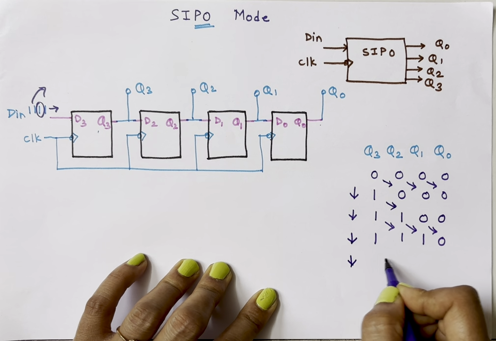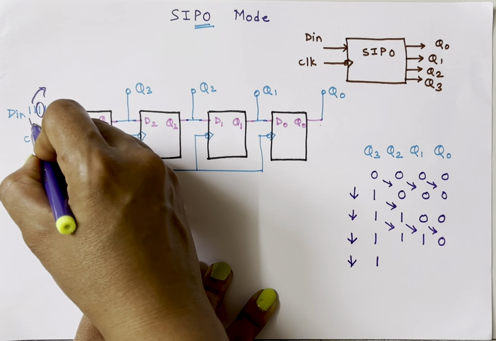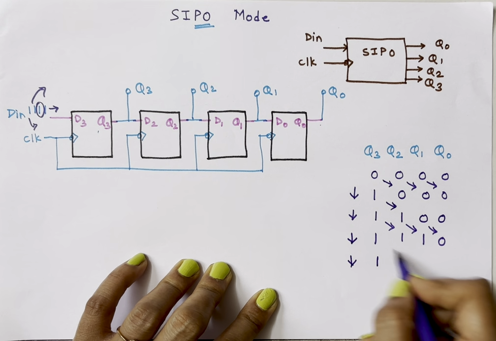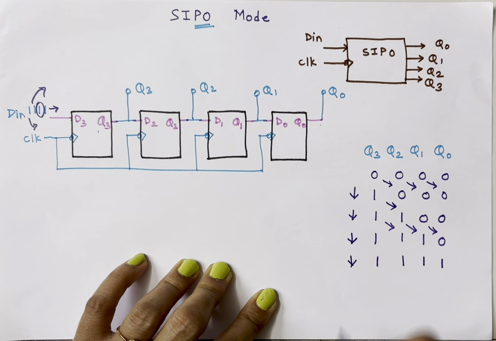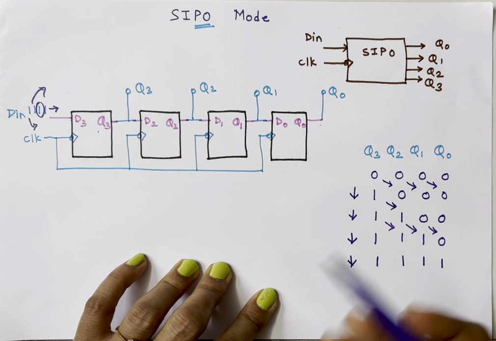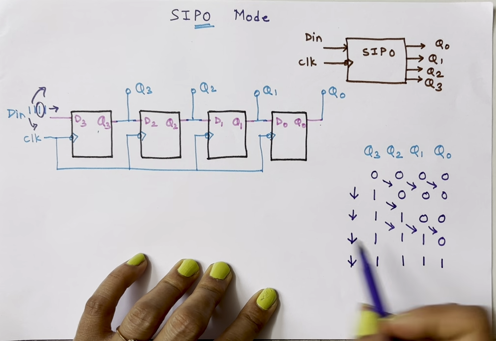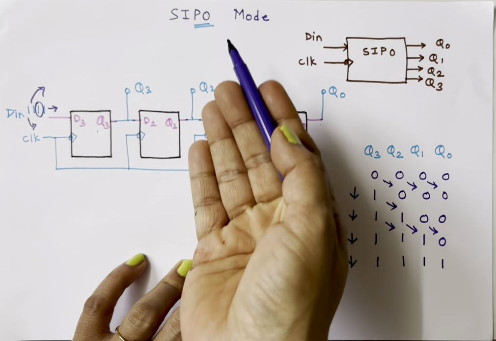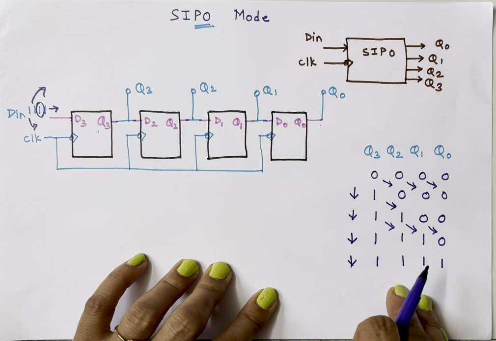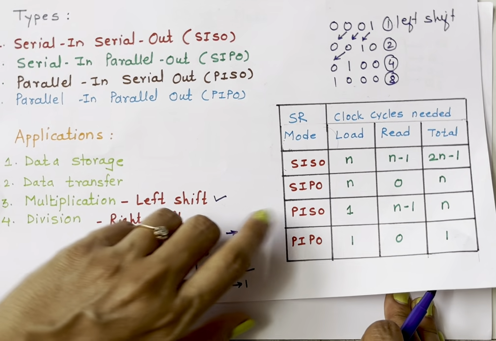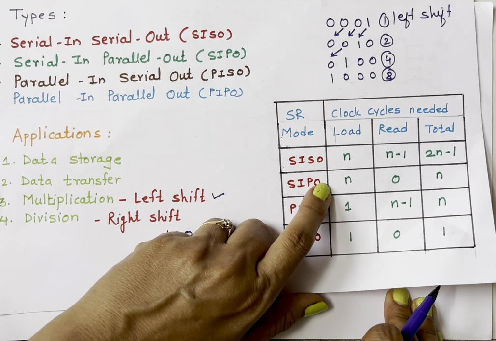After the 4th clock cycle, the 4th bit will come inside. And these 3 ones will come here. 1, 1, 1. So after 4 clock cycles, I am able to load the entire data into my flip-flops. So for loading, I need n clock cycles in serial in, parallel out.